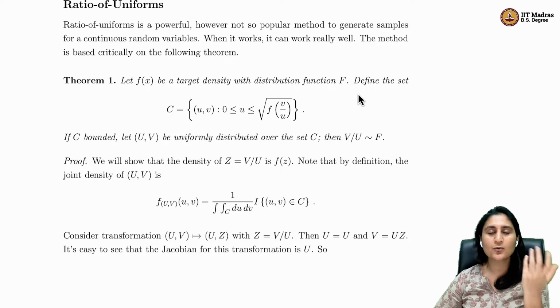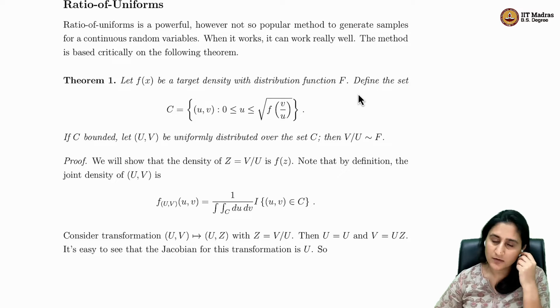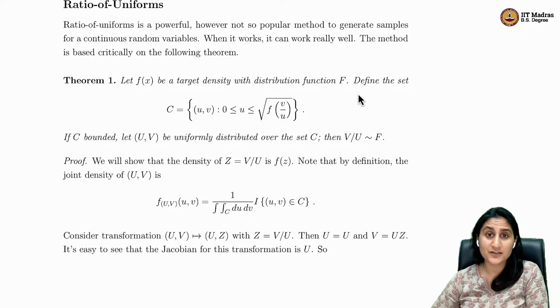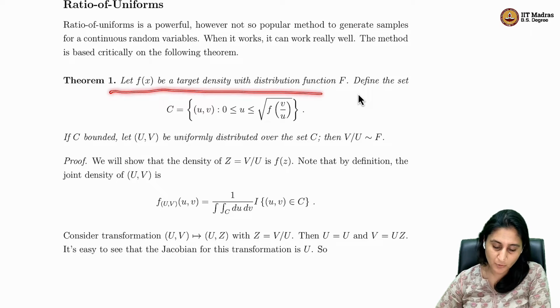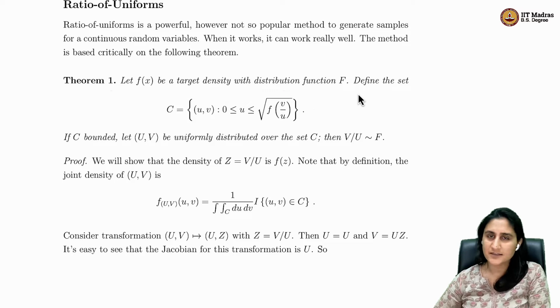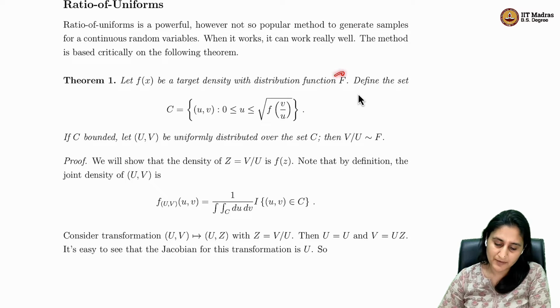Remember, our goal is to sample from a continuous distribution, and get realizations for continuous random variables. Now, our fundamental underlying theorem is the following: let f, small f, be some target density, implying that we want to sample from it, and let it have a distribution function, capital F.